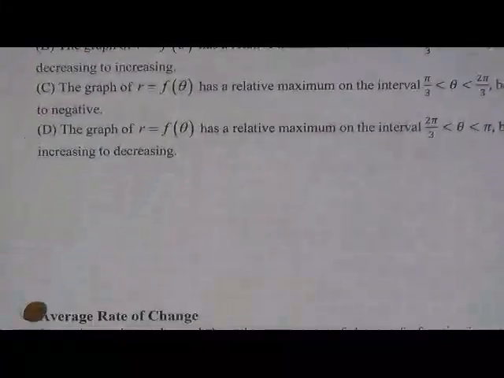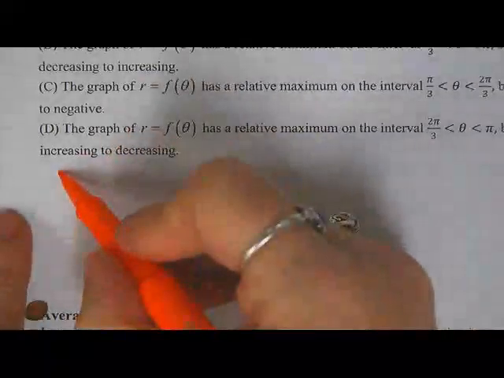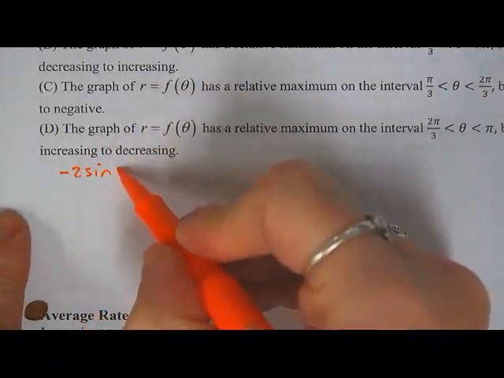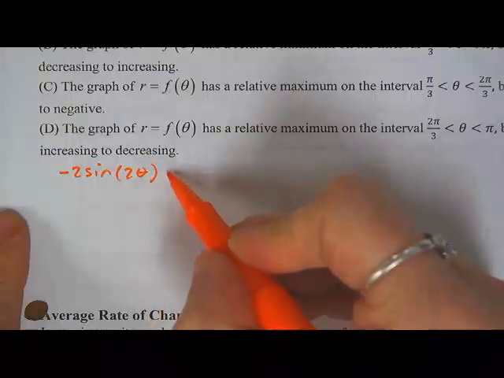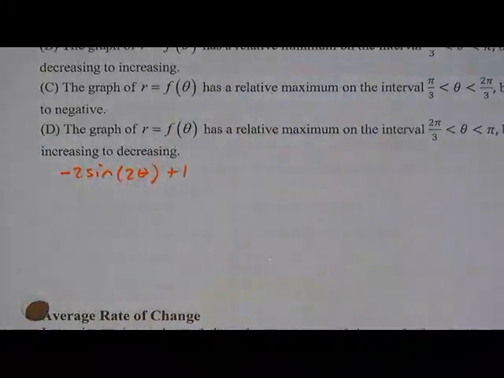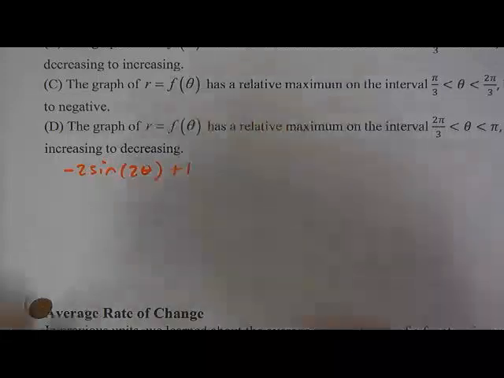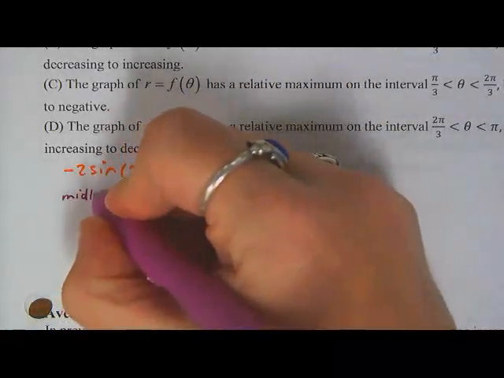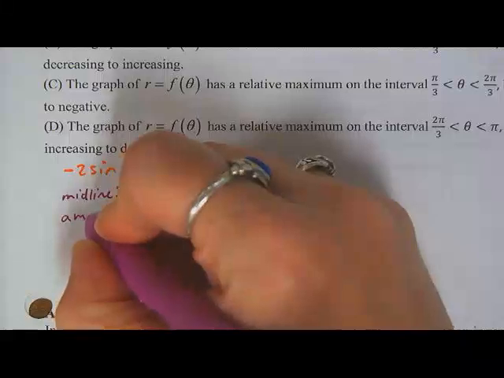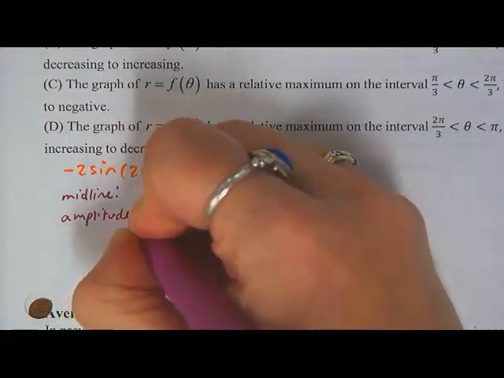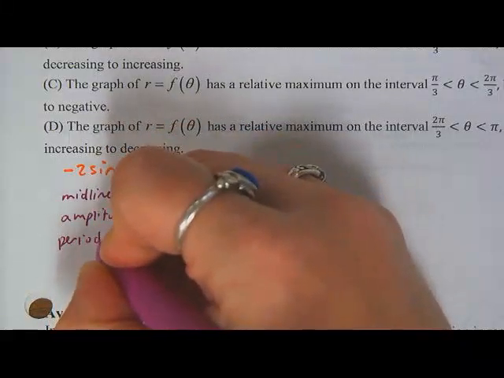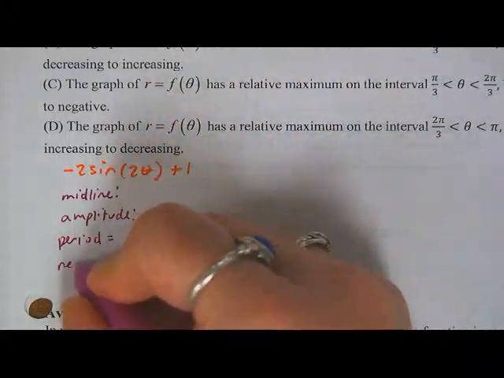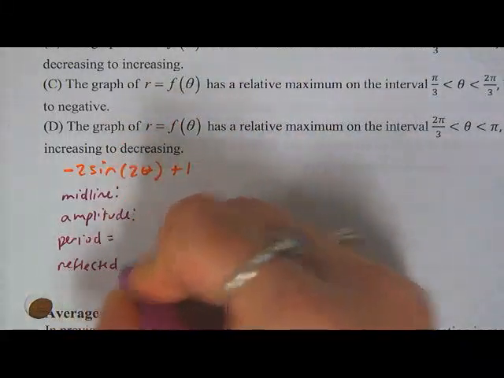All right, let's do this like we did the last one. Down here, I want you to write negative 2 sine of 2 theta plus 1. You take a second and make sure you're understanding the midline, the amplitude, the period, and the fact that it's reflected.